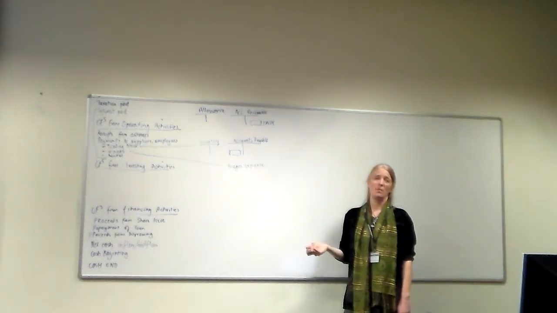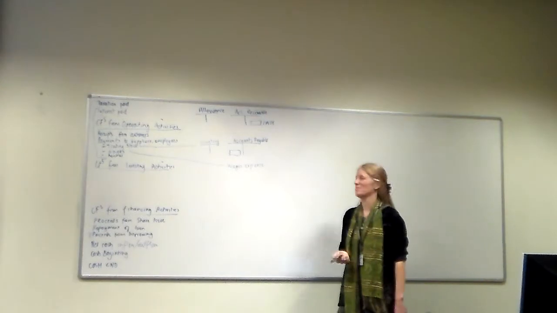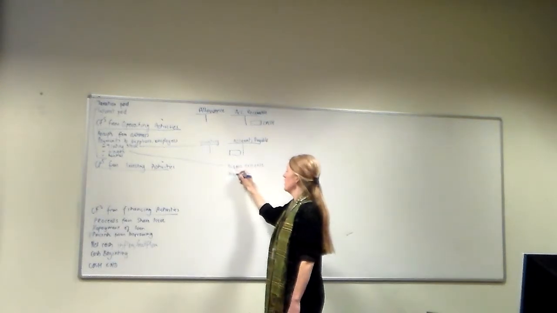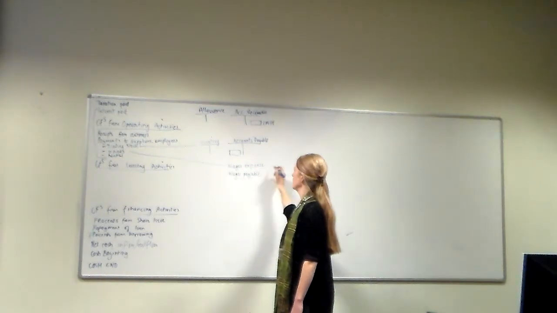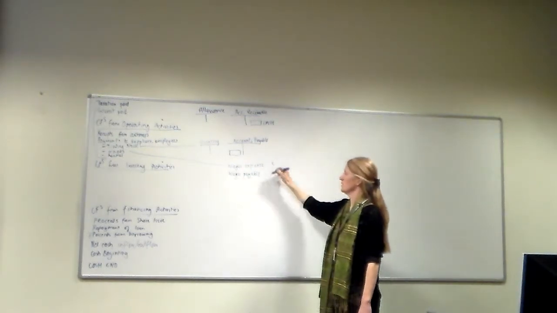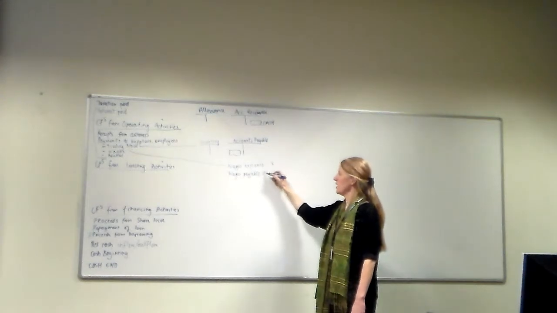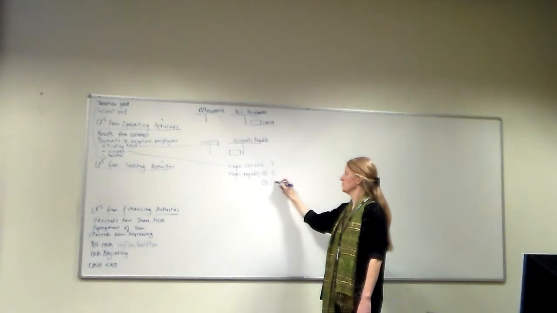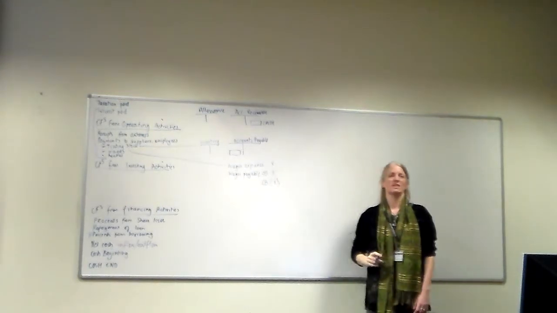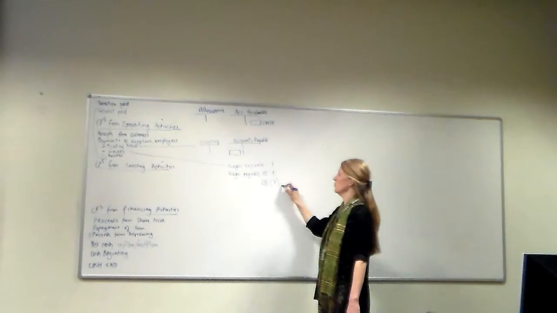So wages payable, for example. Sometimes in the balance sheet, what you're going to do is take your wages expense, add the opening balance of wages payable, and subtract the closing balance of wages payable, to get your actual wages paid.